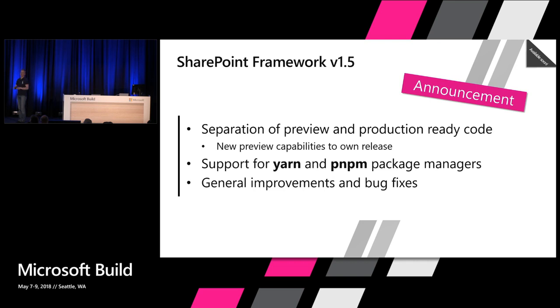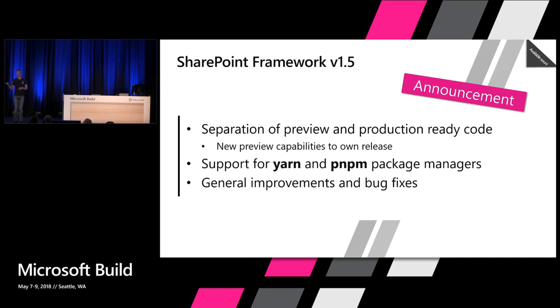All of the new, experimental, beta stuff you will see soon today will be in a separate set of NPM packages, and all of the stuff which is ready to be used in production will be in another set of NPM packages. So you as a developer don't have to worry about whether this functionality is ready for production usage or not. It depends on which of the NPM packages you're actually using within your code.